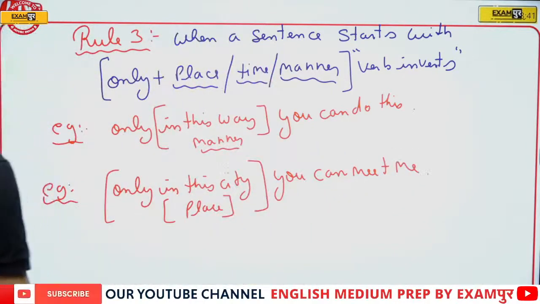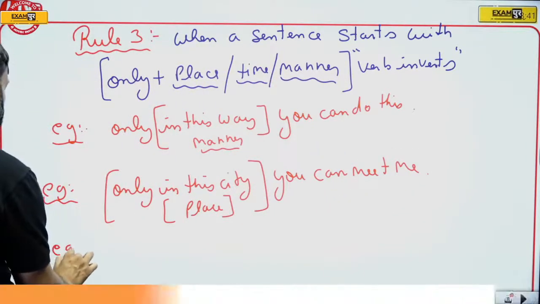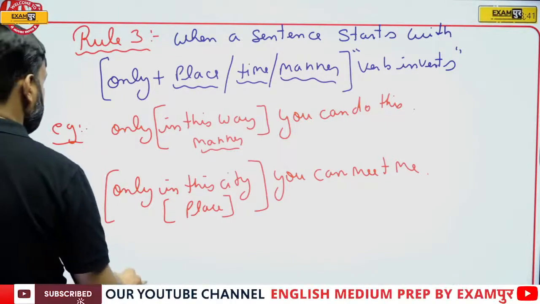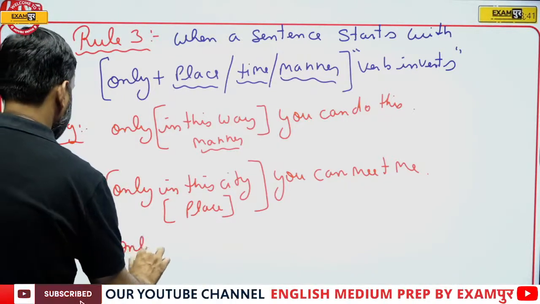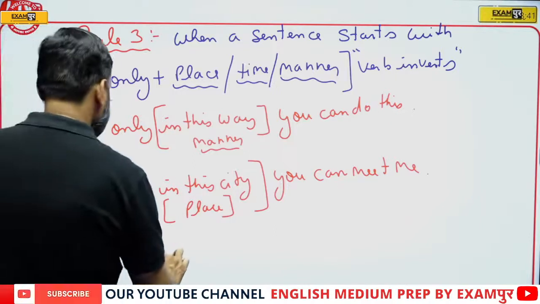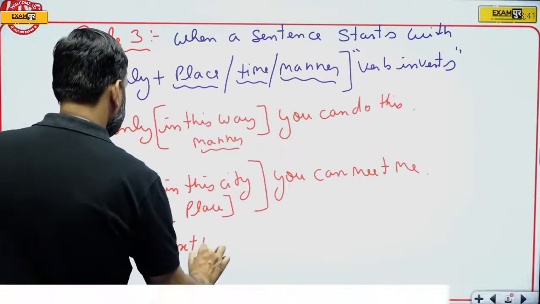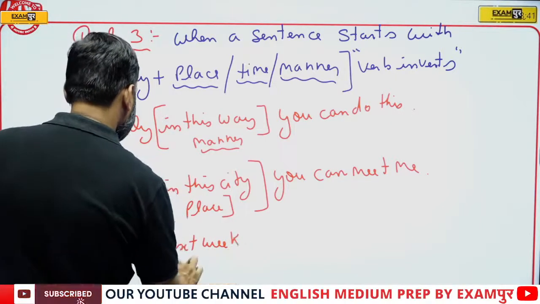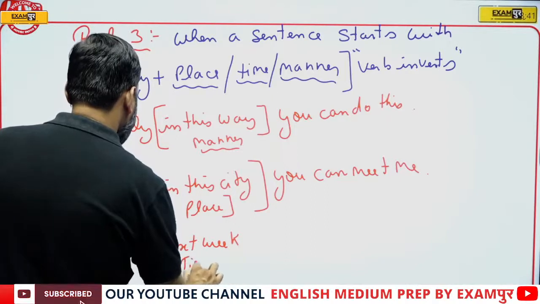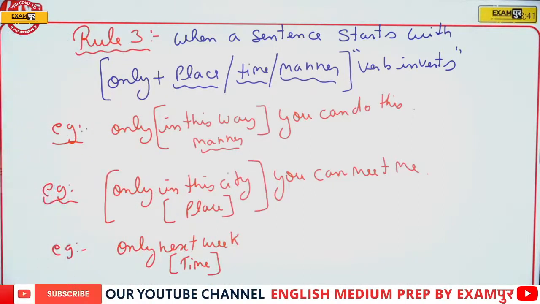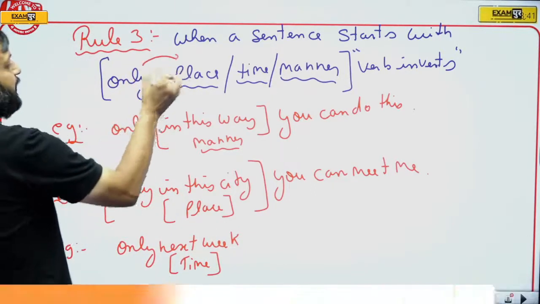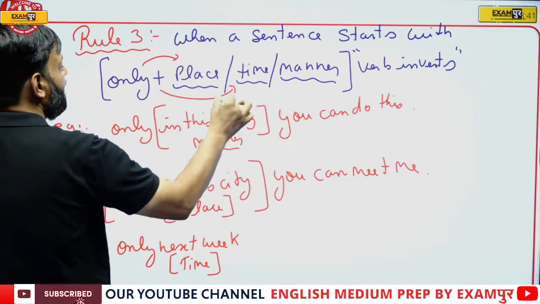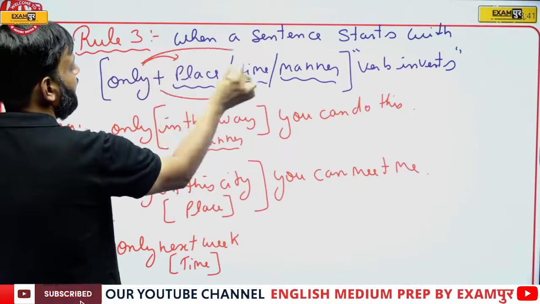And the third sentence, only next week. So next week is time. I have given you examples for all three. Only is followed by place, only is followed by time, and only is followed by manner.